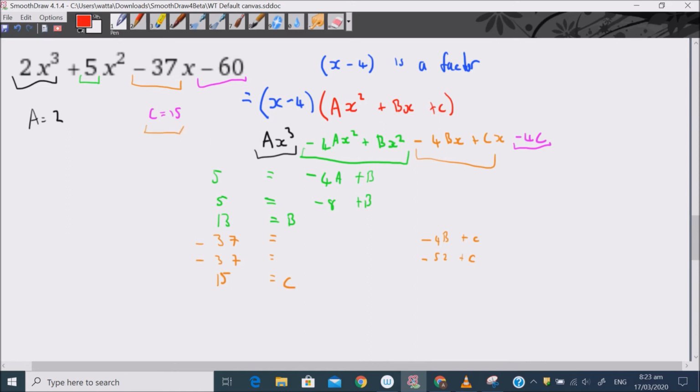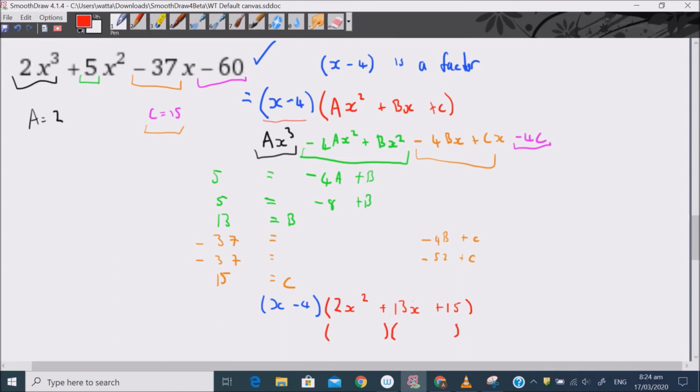So now I know my a, b, c values. I'll just plug them in. So a is 2, b is 13, c is 15, and here's the one that I guessed before. So now I'm just going to have to solve this red quadratic to find the other two roots.